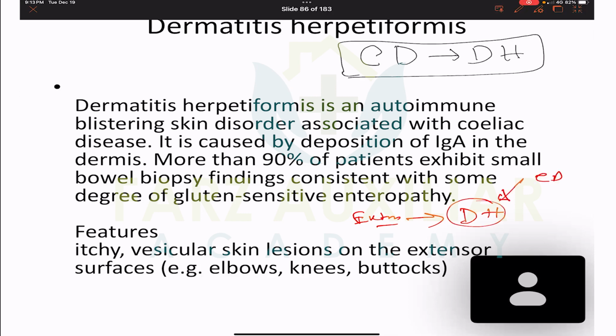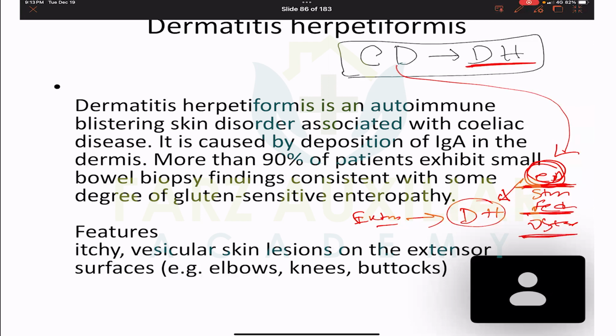If there is any celiac disease like presentation, steatorrhea, iron deficiency anemia, or osteoporosis. You need to know celiac disease whenever you read dermatitis herpetiformis. Celiac disease complications you should know. The most important complication is iron deficiency anemia. Another is osteoporosis. So osteoporosis, iron deficiency anemia, and an itchy rash on the extensor surface, that is dermatitis herpetiformis.